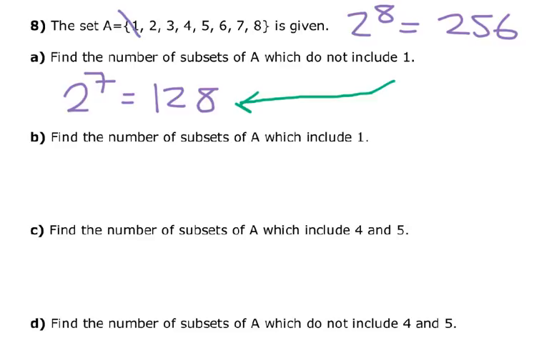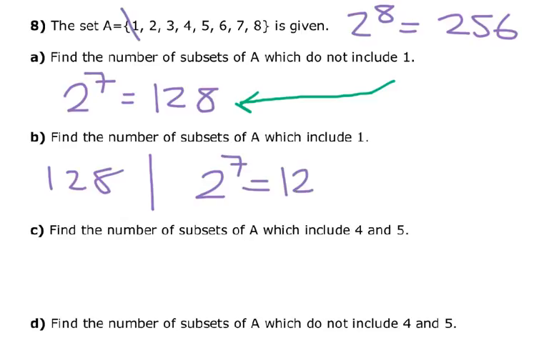Well, one method is to say half of them don't include 1, so the other half, 256 divided by 2 again is 128, must include 1. However, if you just want a direct method, it is exactly the same as part A. We take 1 out, we've got 7 elements, and so we've got 128 subsets that don't include 1.